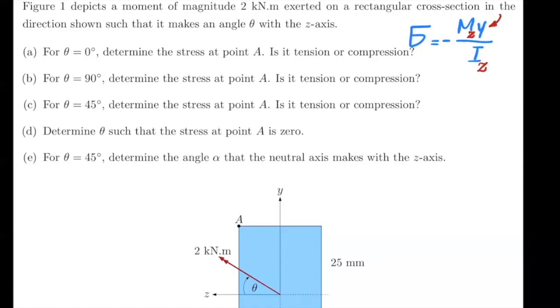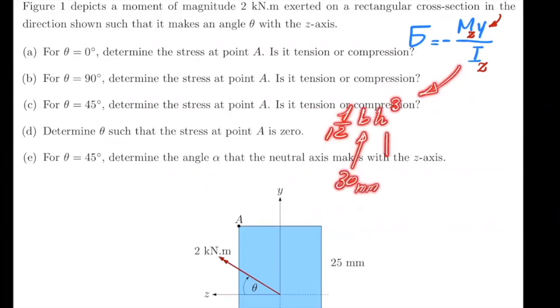And if you do that, well, it's very simple to calculate this. So Iz would be 1 over 12 bh cubed again. But then in this case, b is the width, which is 30 millimeters. H is 50 millimeters, it's the height. The maximum distance, or the distance for A, is 25 millimeters.